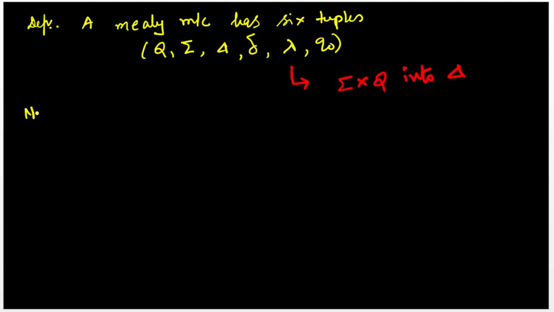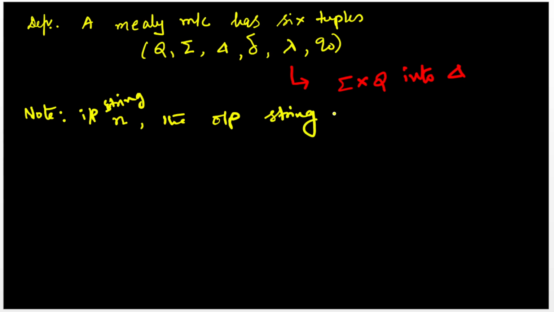Note: for a Moore machine, if the input string is of length n, the output string is of length n plus 1.